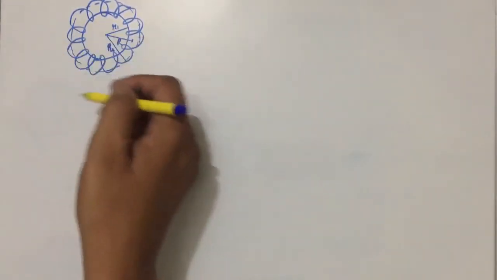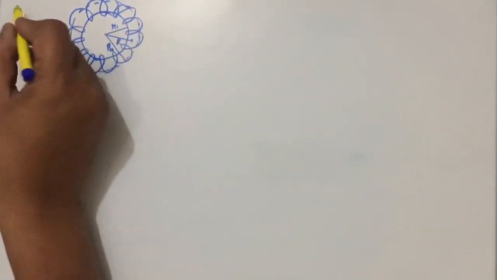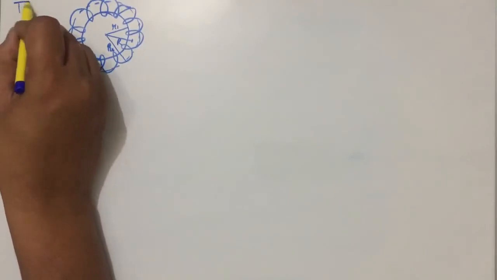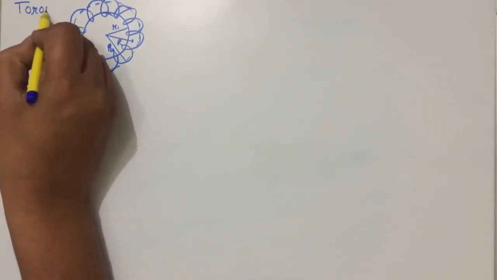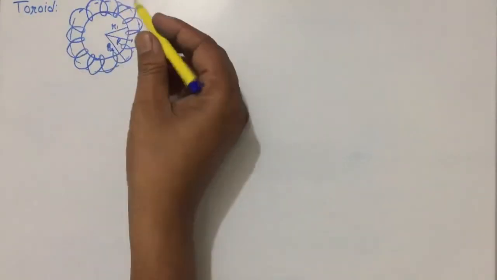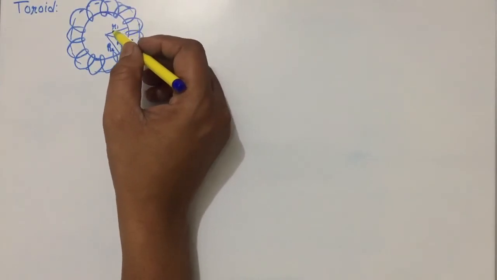Now take an example when the solenoid has a circular shape, which is named a toroid. In the case of a toroid, we will try to find the inductance.